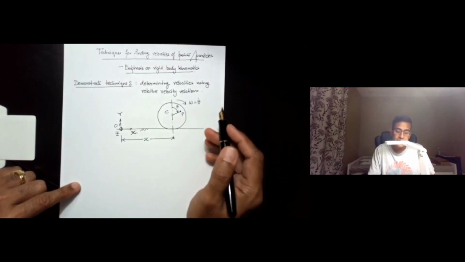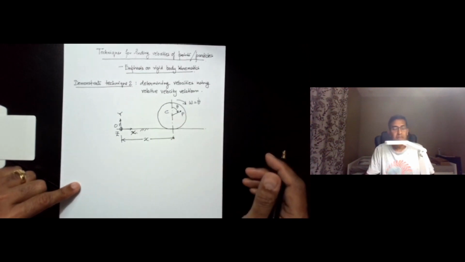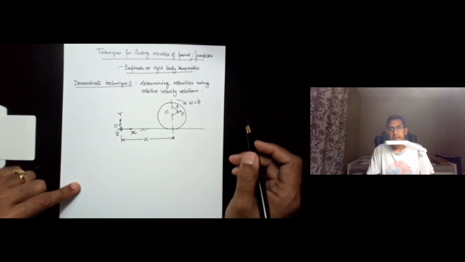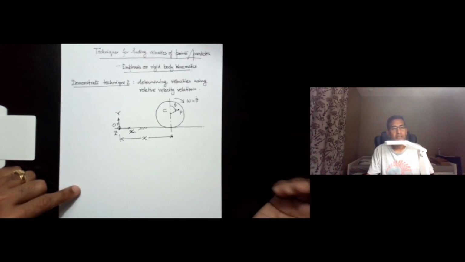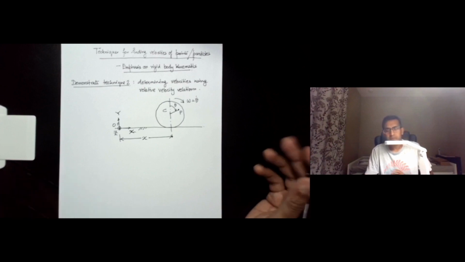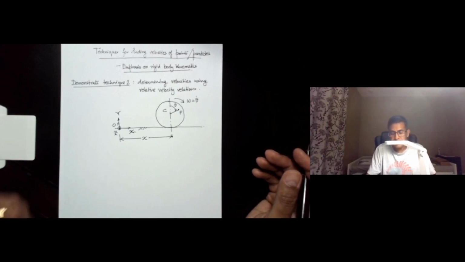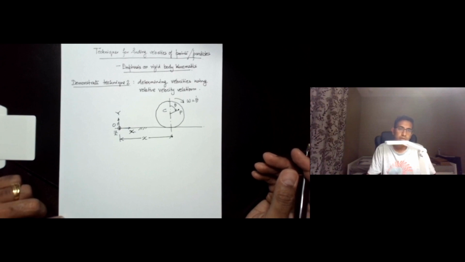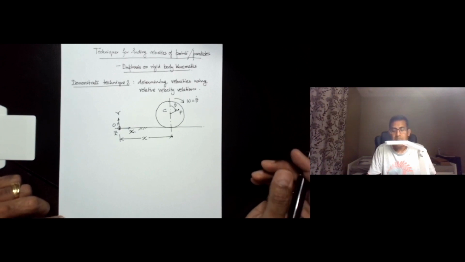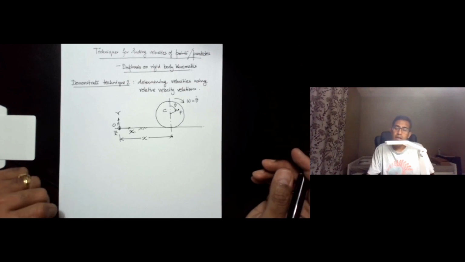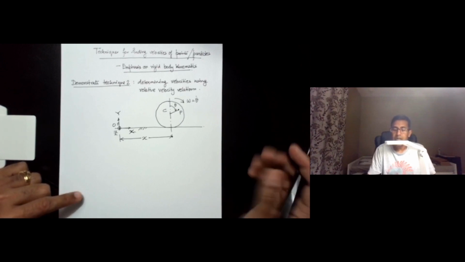So what we did is we took the position vector of the point P and then we differentiated to find the velocity, and we showed some of the nuances. We showed that you need to set up the position vector properly. Otherwise you would have errors in finding the velocities, especially when you are trying to find the velocity of the point P at a certain orientation or at a certain location.